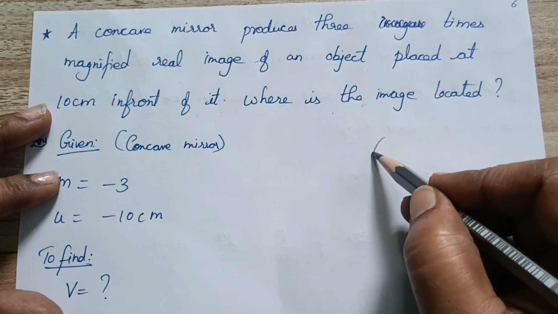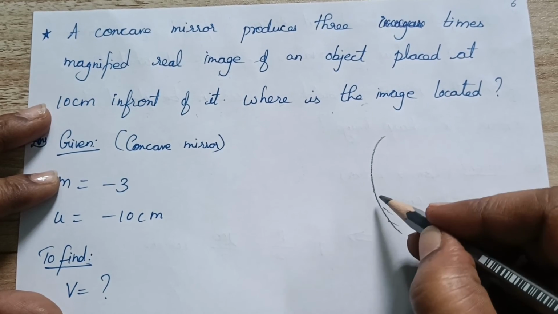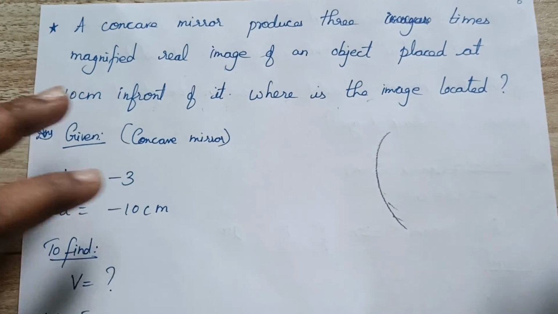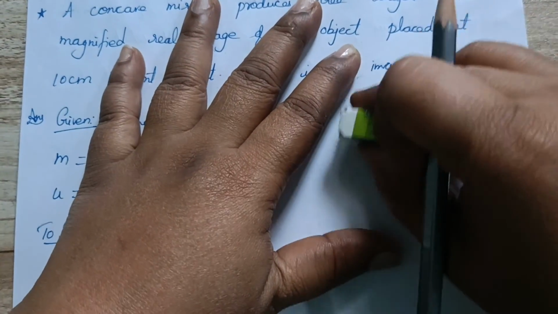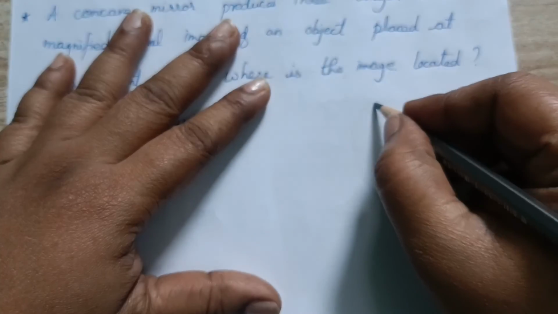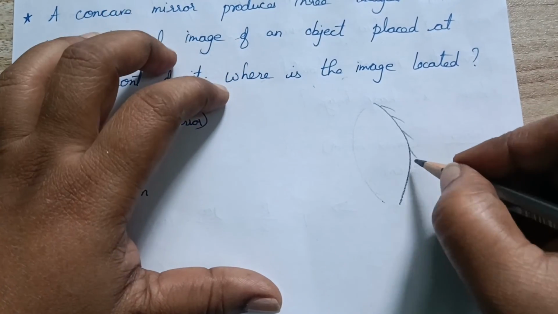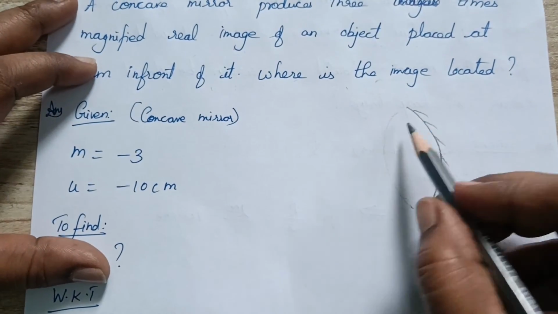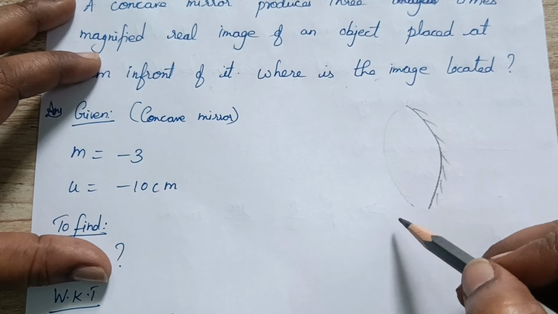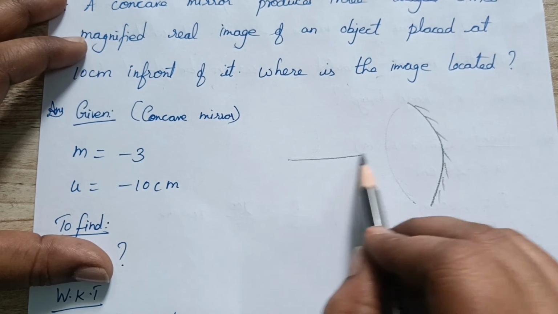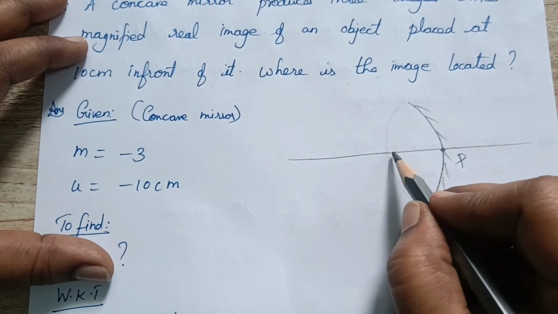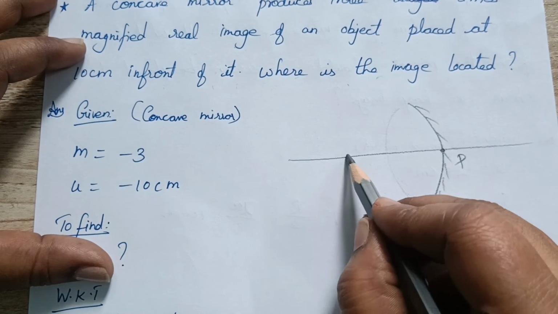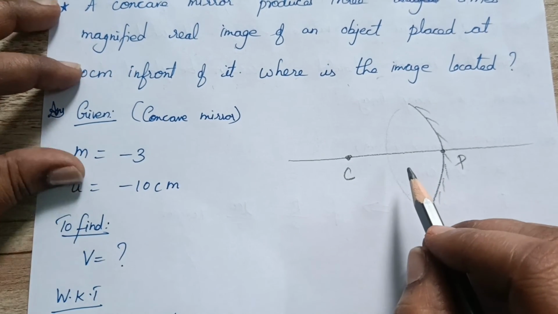This is your concave mirror because it is curved inwards. This is your pole, and this is your center of curvature.